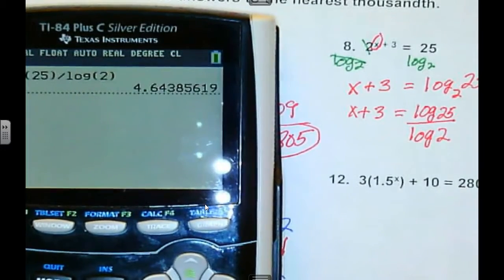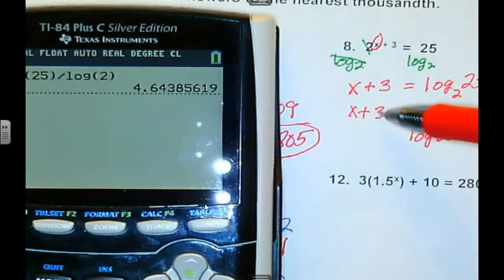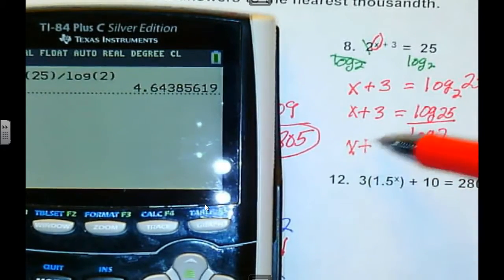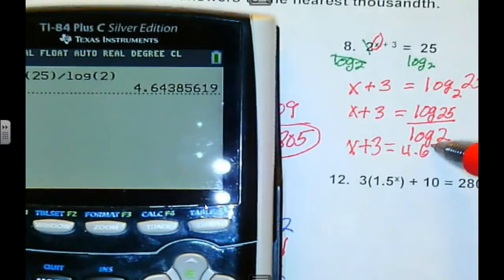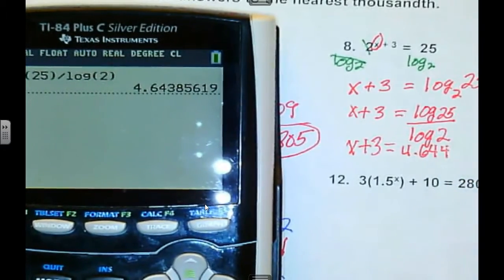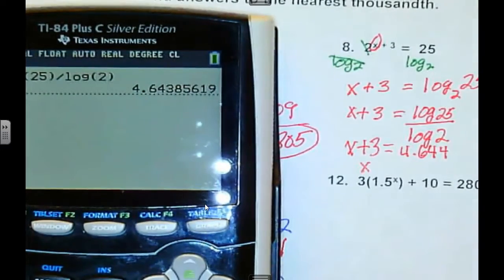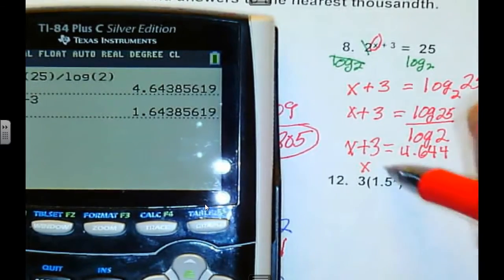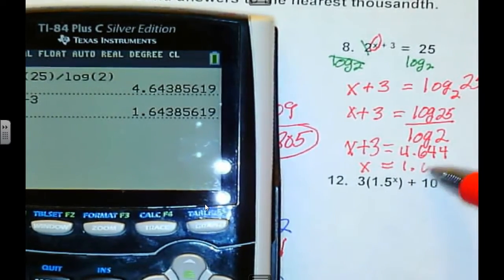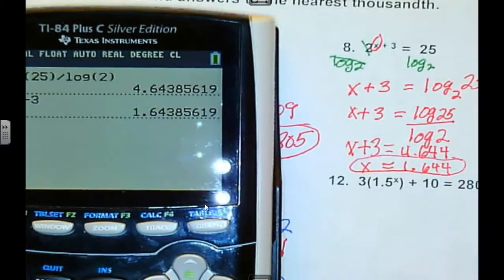Hit enter. I get x plus 3 equals 4.644. And then subtract 3 from both sides. I get x equals 1.644. Okay?